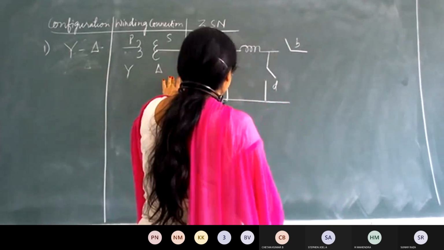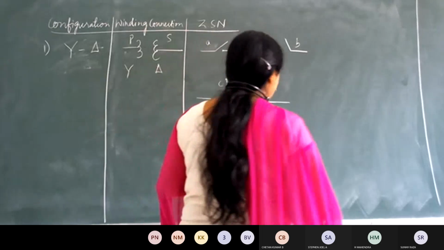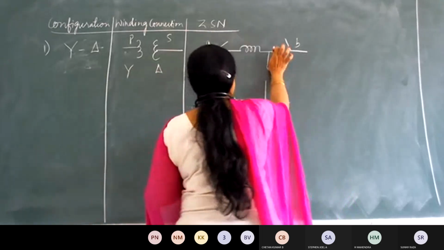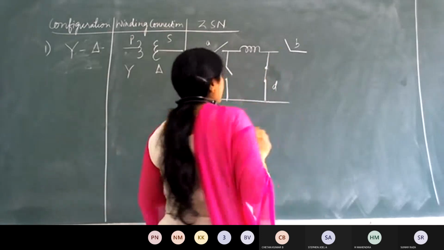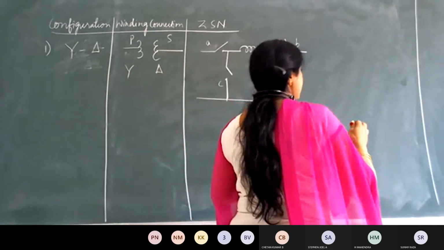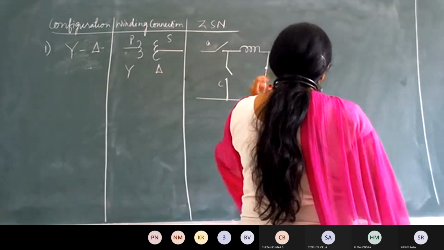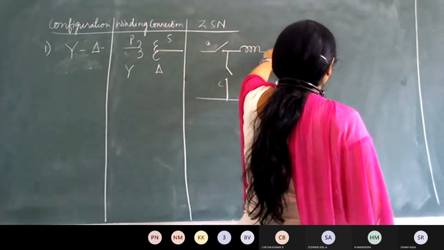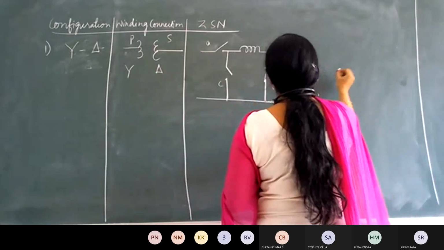So coming to the delta secondary side, what is the type of configuration given there? Delta connected. So delta connected means which switch has to be closed here? This switch. Okay, and the last step in the procedure is that switches need not be included, meaning these symbols need to be neglected in the final circuit of the zero sequence network.